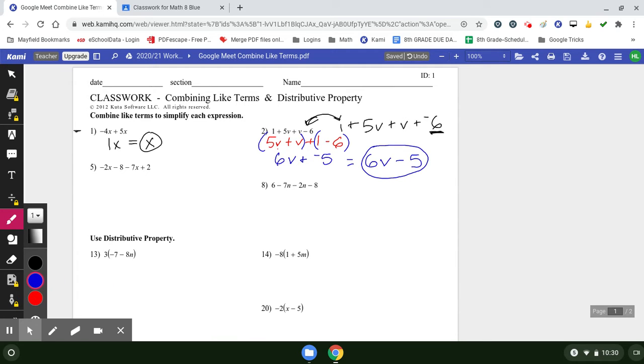Now let's look at 5. For 5, I'm going to circle the variable term. So I have negative 2x and minus or negative 7x. And then I can box the numbers, negative 8 and plus 2. This was the other way that you did with Mr. Zumlo last year. So now I have negative 2x minus 7x, which is negative 9x.